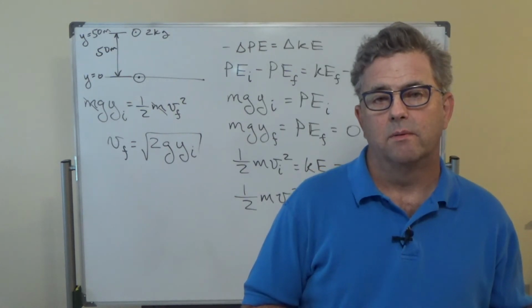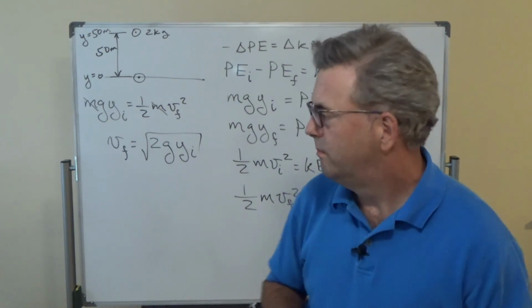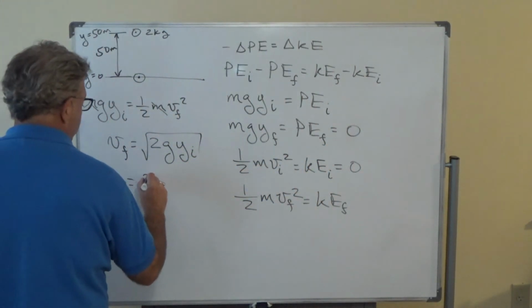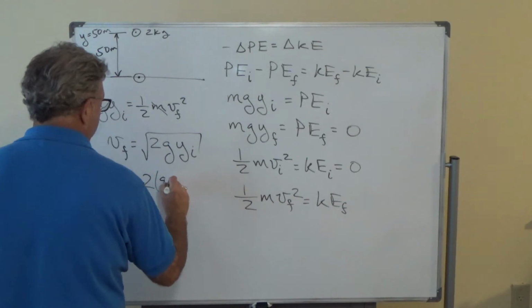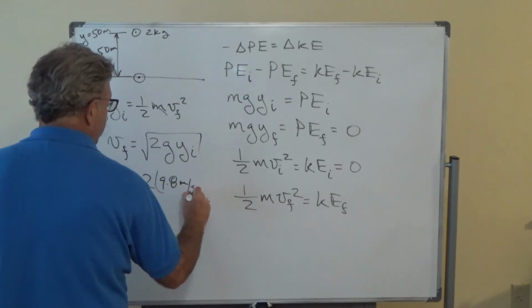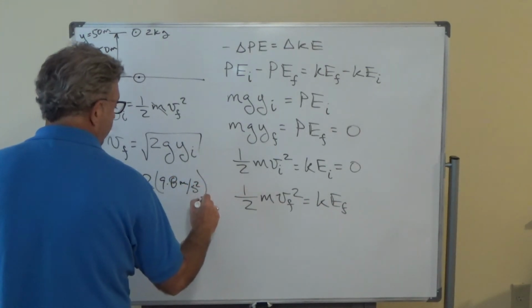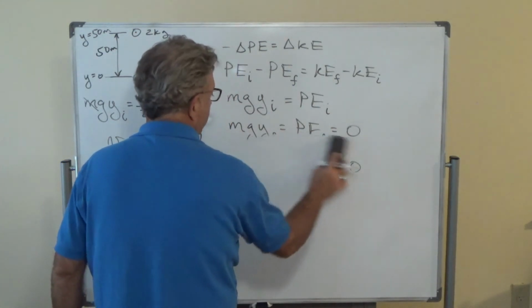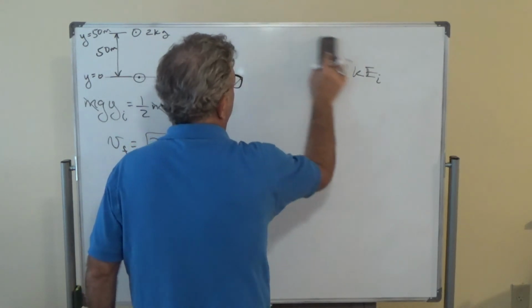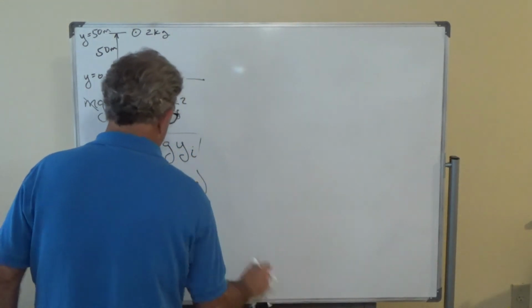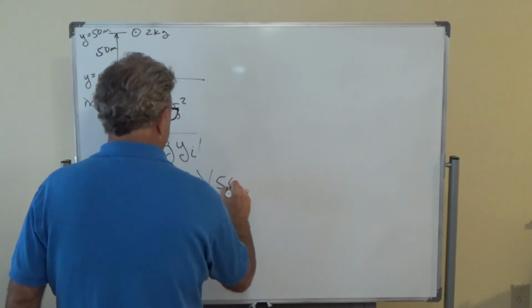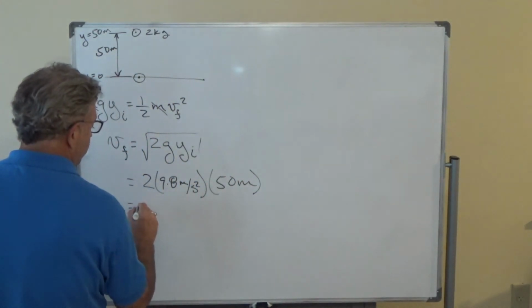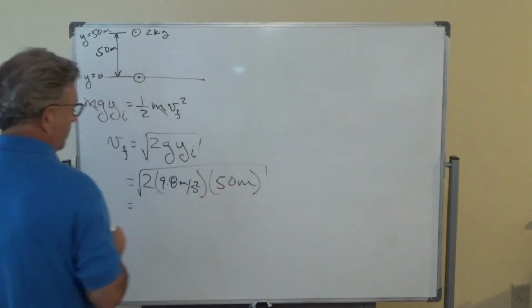So this is equal to the square root of 2 times 9.8 meters per second squared times 50 meters, all underneath the radical.